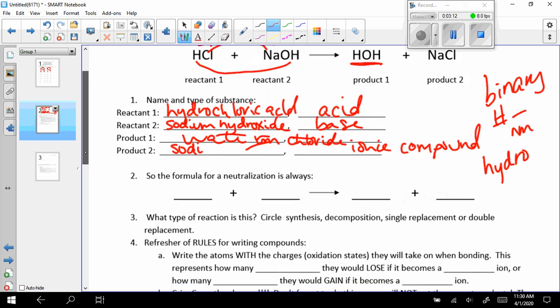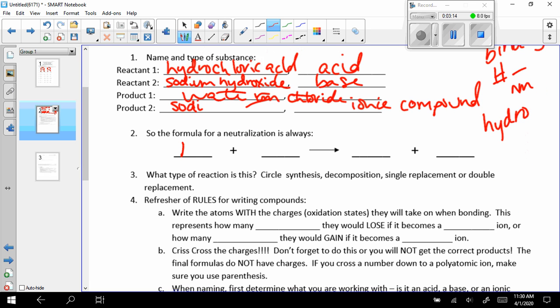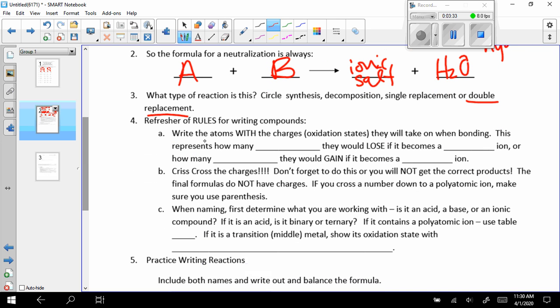All right, next one. So the formula is always an acid plus a base makes an ionic compound or an ionic salt and water. So what type of reaction? It's double replacement. And a refresher for rules: write the atoms with the charges they will take on when bonding.